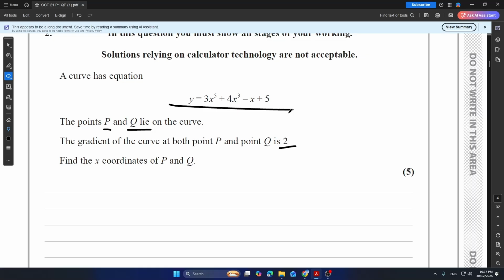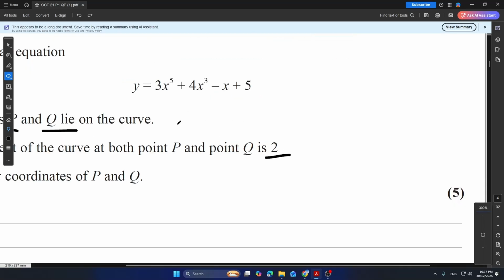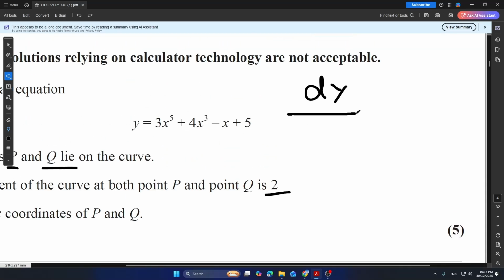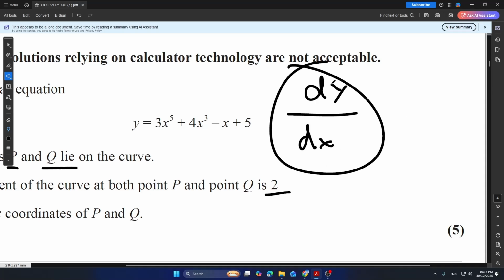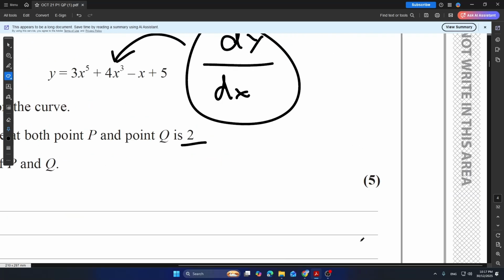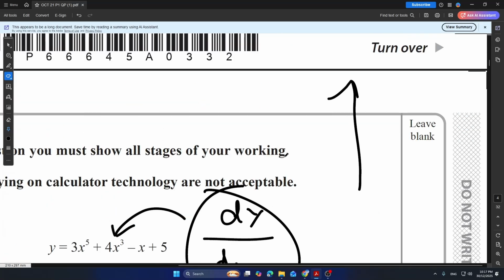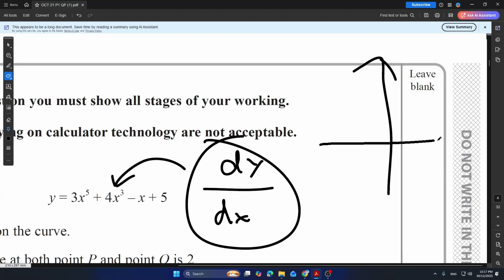So let's clear up the concept now. What is this dy by dx? You need to understand what dy by dx is. dy by dx represents the gradient of any curve, because we need to understand that when we look at a curve, let's draw a curve now. For example, we have this curve, or let's make it like this.